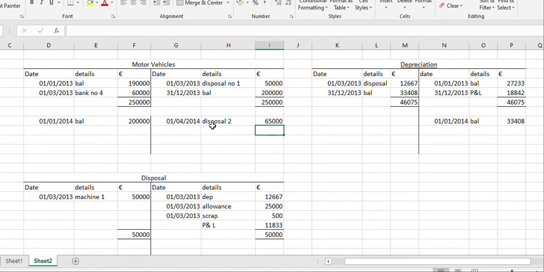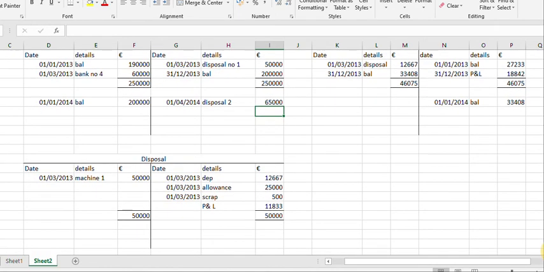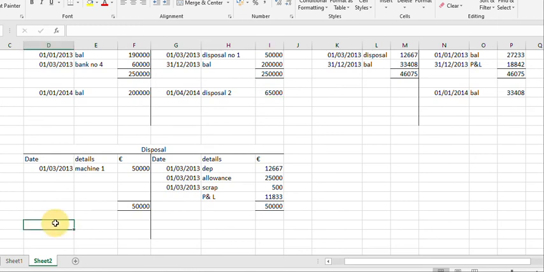Okay, we have credited motor vehicles. We must now do a new debit in the disposal. So miss a line and call it the 1st of the 4th, 14, machine 2, 65,000. Okay, and again, so that's our 65,000 credit, 65,000 debit.